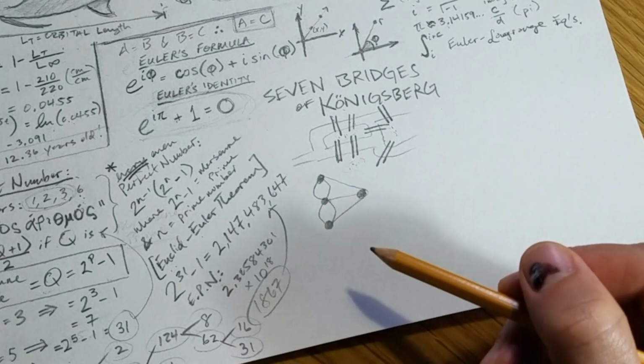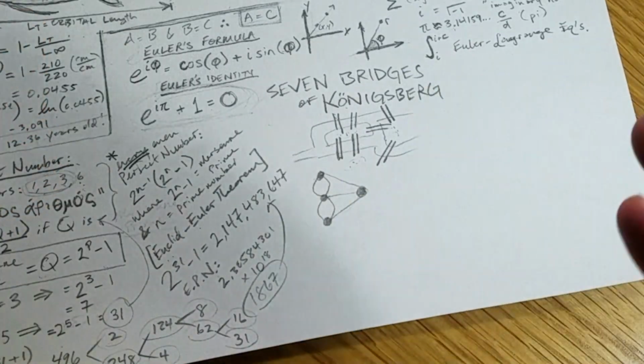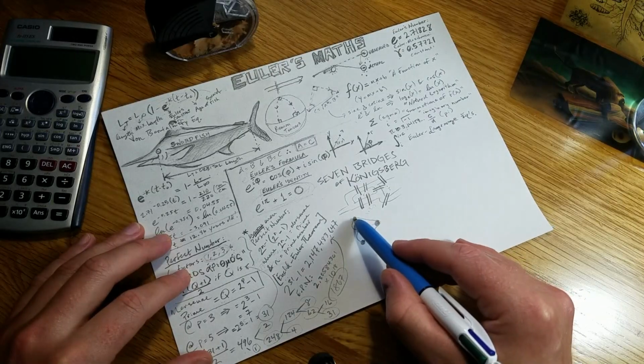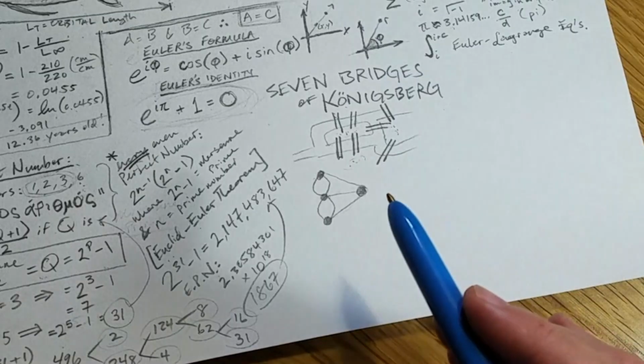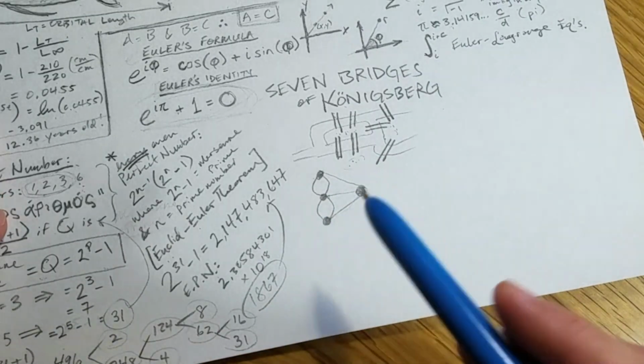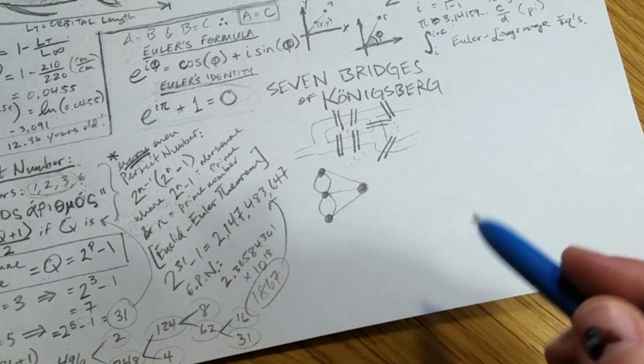It would be represented like that. So the whole point of the problem was to show that logistically you can't pick any path that will lead you over one bridge only once and return to your starting point.